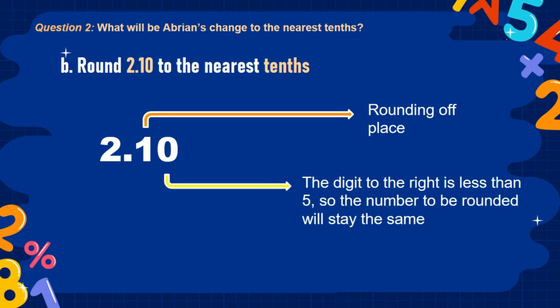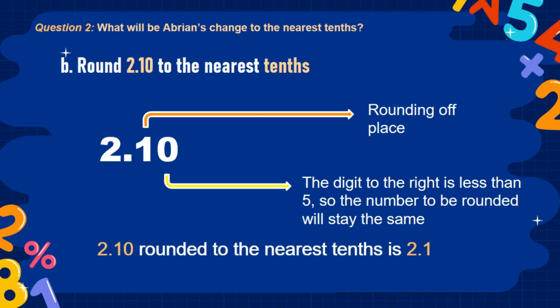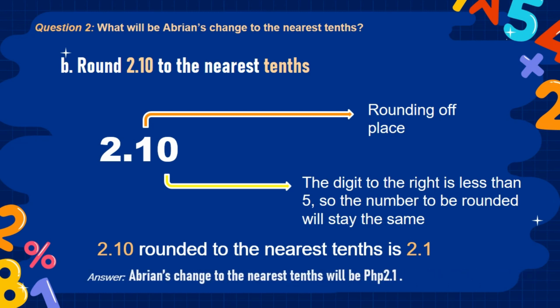The digit to the right, which is 0, is less than 5, so the number to be rounded will stay the same. 2 and 10 hundredths rounded to the nearest tenths is 2 and 1 tenths. Thus, Adrian's change to the nearest tenths will be 2 pesos and 1 centavo.